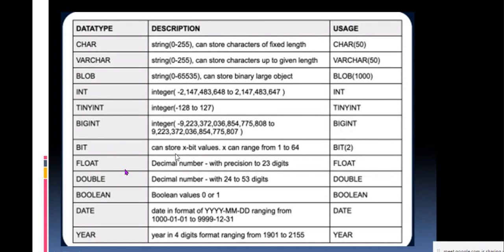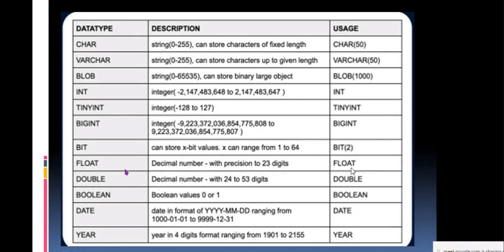Bit can store x-bit values. X can range from 1 to 64. So if it is bit 2, that means it will store 00, 01, 10, 11. So in this way bit stores the value. Then it's float. Float is a decimal number with precision up to 23 digits.